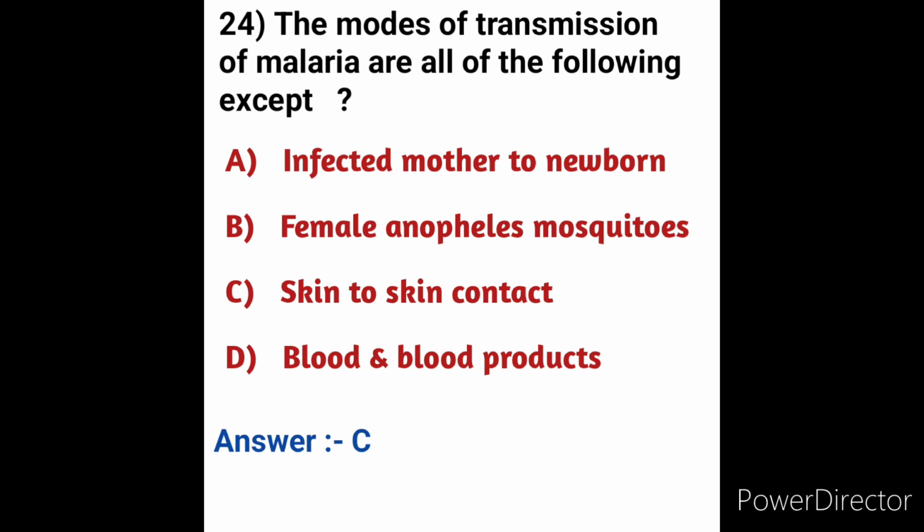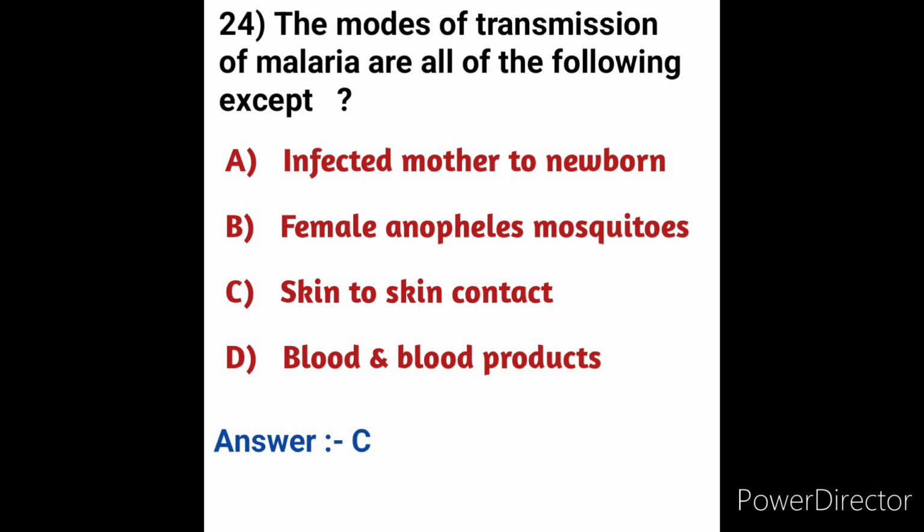Skin to skin contact is the exception. Malaria will transfer from mother to newborn, through anopheles mosquitoes, and through blood and blood products. Usually people get malaria by being bitten by an infective female anopheles mosquito.